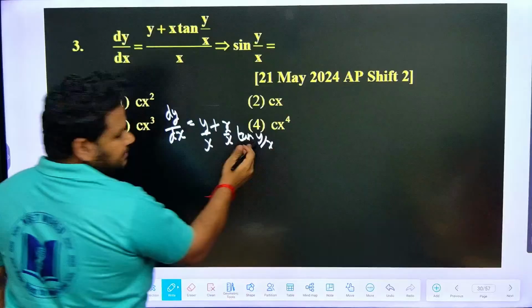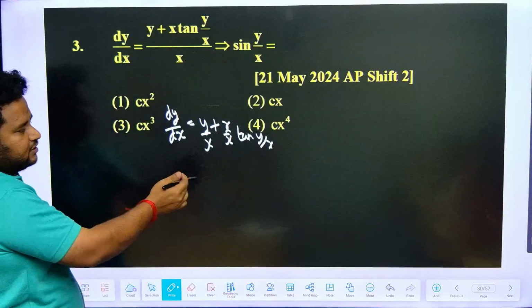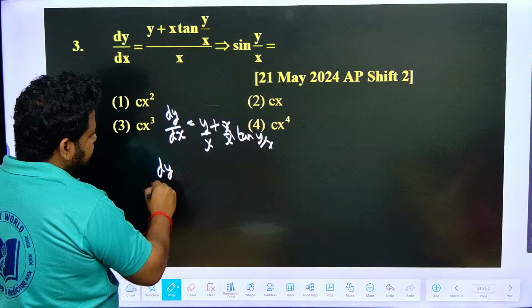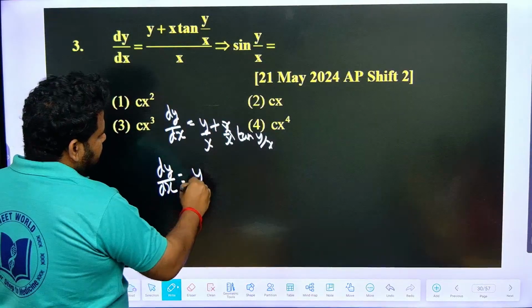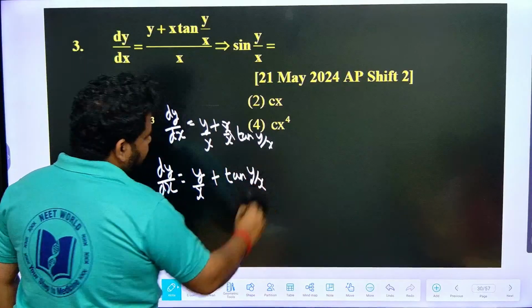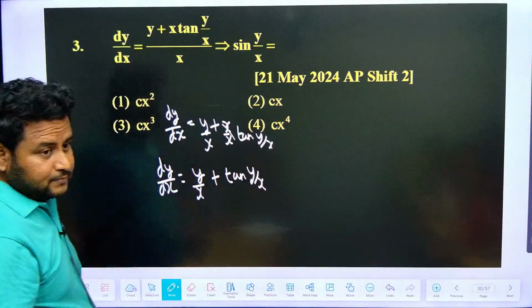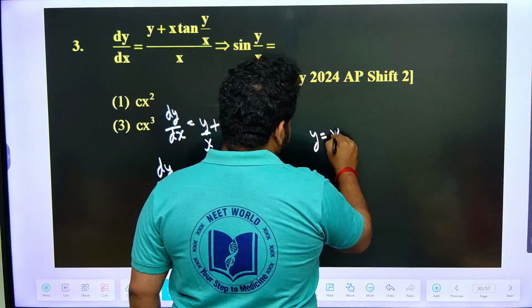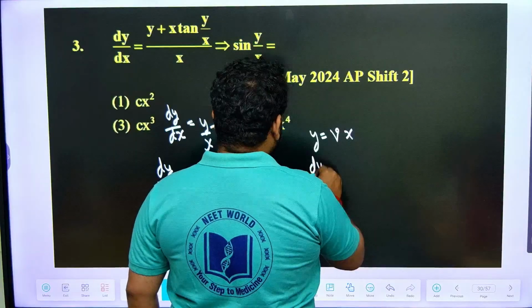The x by x cancels to 1. So dy by dx is equal to y by x plus tan of y by x. Y by x we can take as v. Take y is equal to vx. So dy by dx will become what?